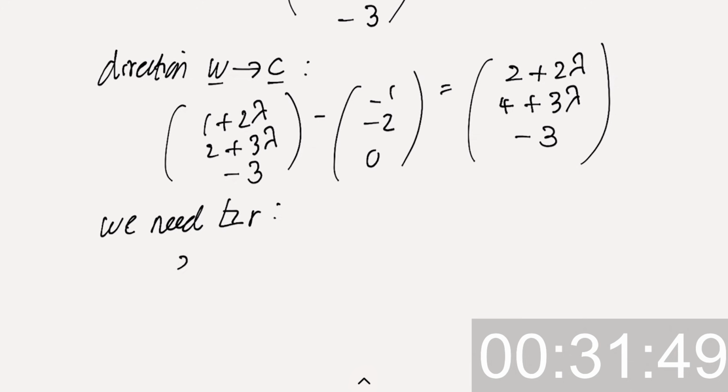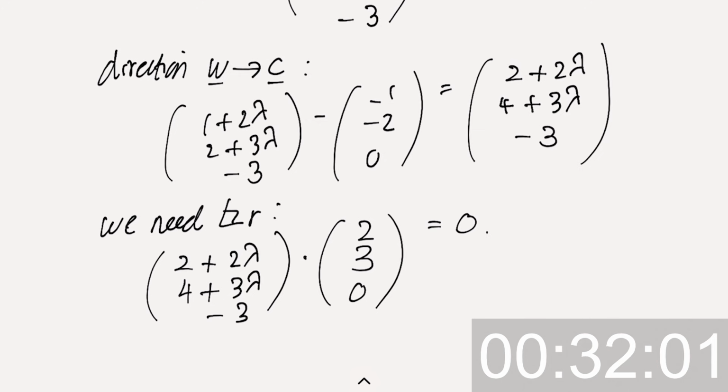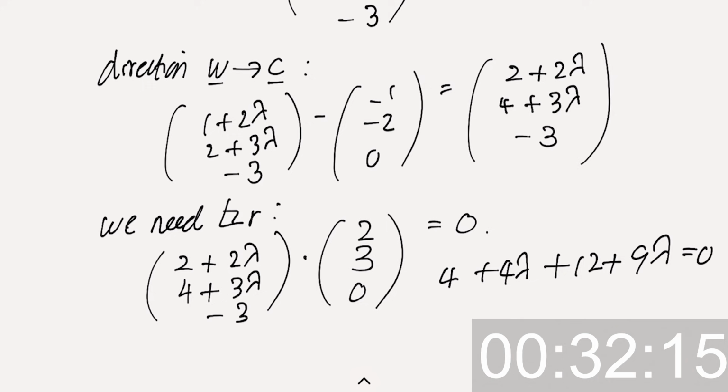So that means I need 2 plus 2 lambda, 4 plus 3 lambda, minus 3, dotted with the direction of W, which we had as 2, 3, 0. That needs to be 0. So that tells me that 4 plus 4 lambda plus 12 plus 9 lambda must be 0. So that's 13 lambda is minus 16, so lambda is minus 16 over 13.